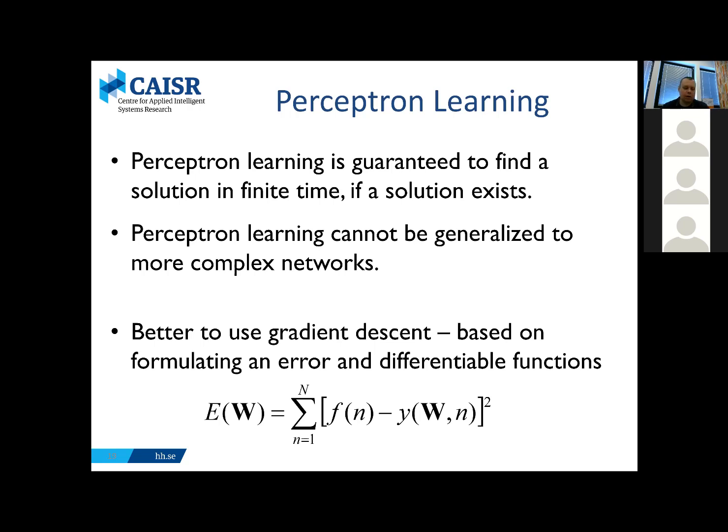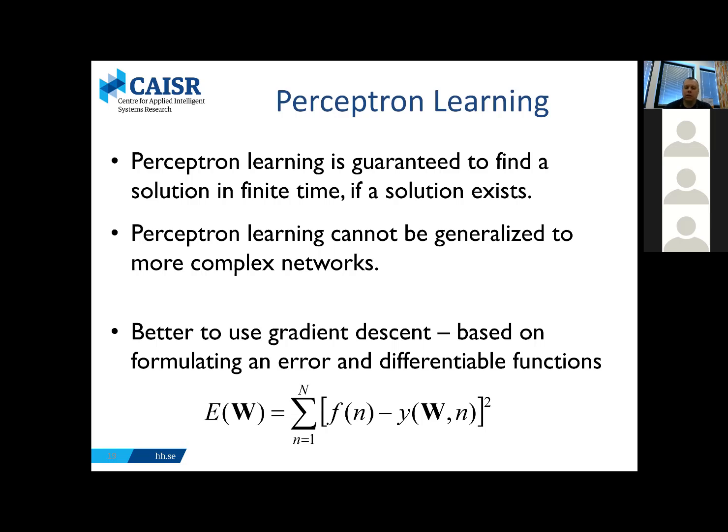So in this particular case, for learning in perceptron networks, we are using gradient descent. So the basic idea is, of course, to figure out what kind of error a network is making, and assume that the function captured by this network is differentiable.